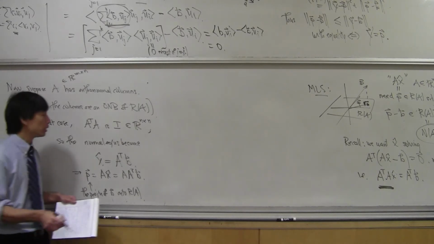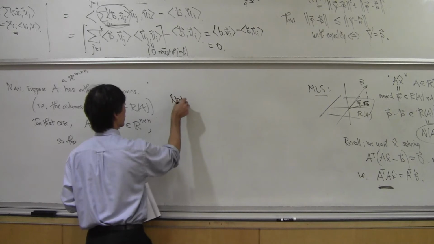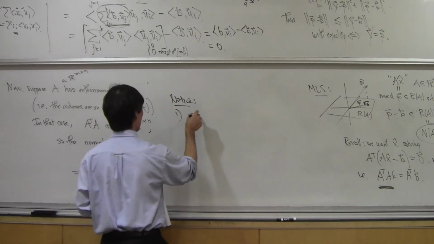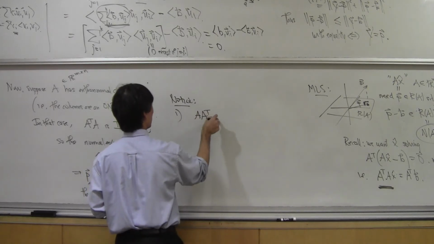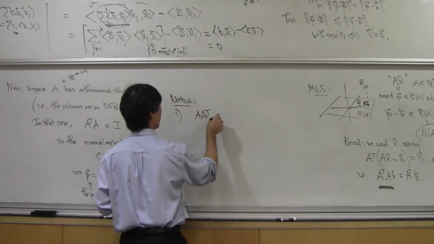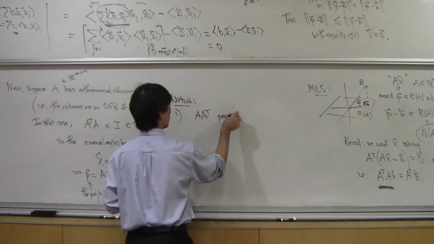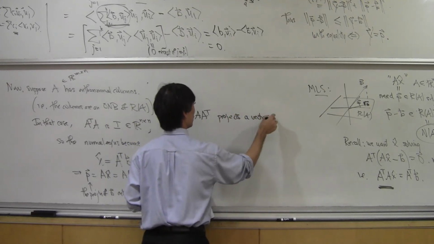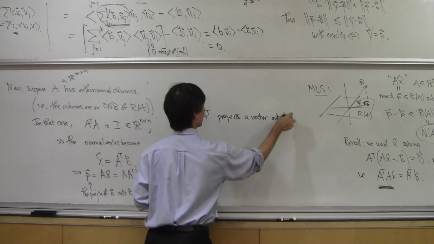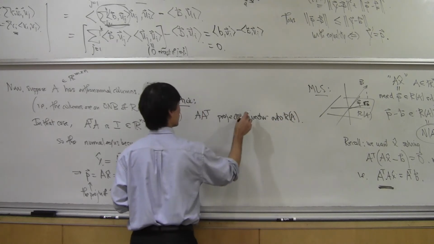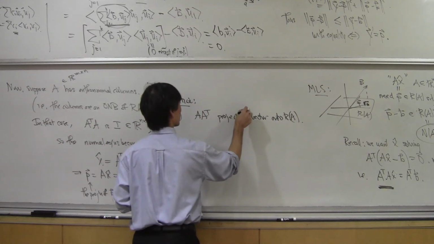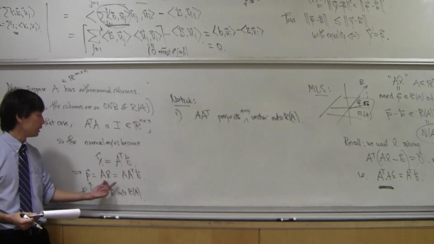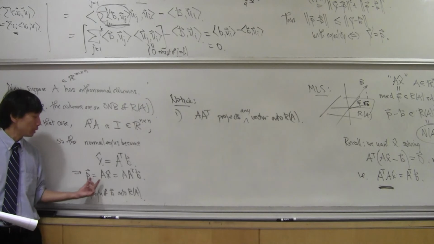Okay, so you notice two things. One, that A A transpose projects any vector onto the range of A. If I take any vector B, I see that A A transpose B is the projection.